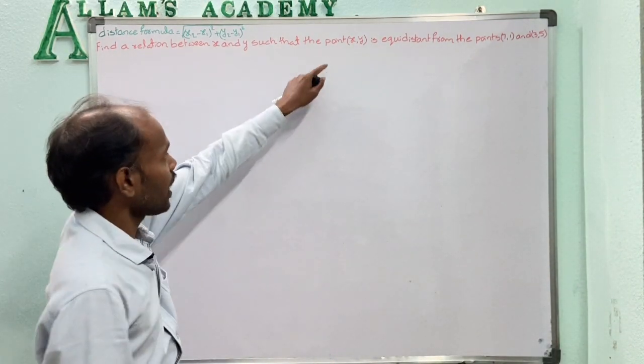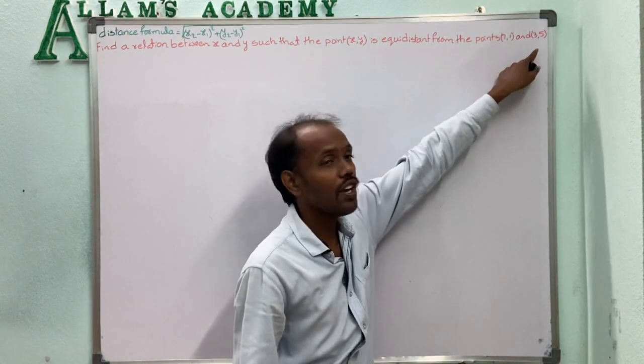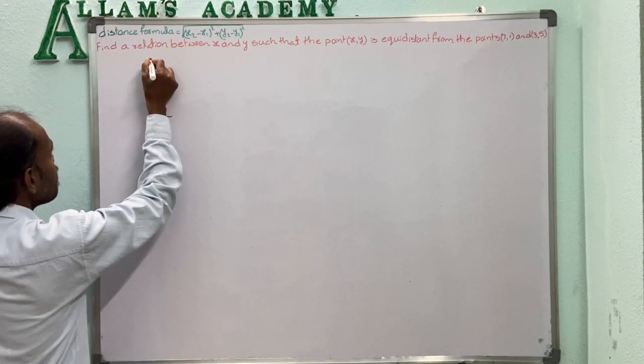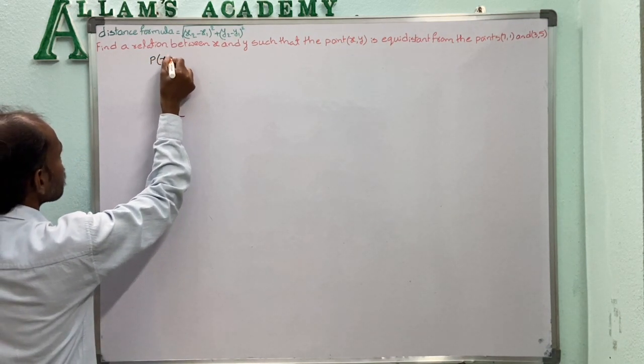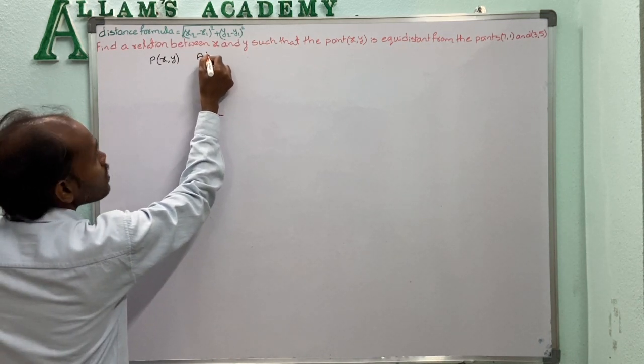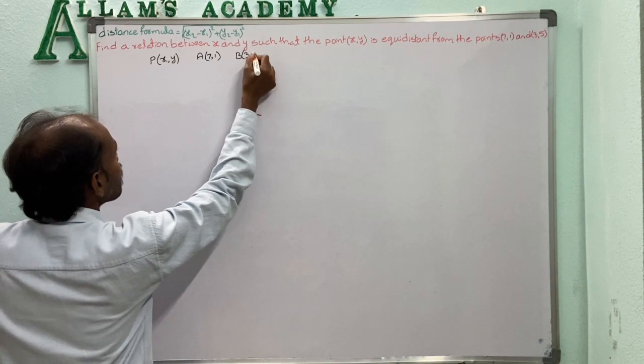So whatever distance x, y is from 7, 1, that much distance only it is from the 3, 5 point also. So now we take these points as P of x, y, and A of 7, 1, B of 3, 5.